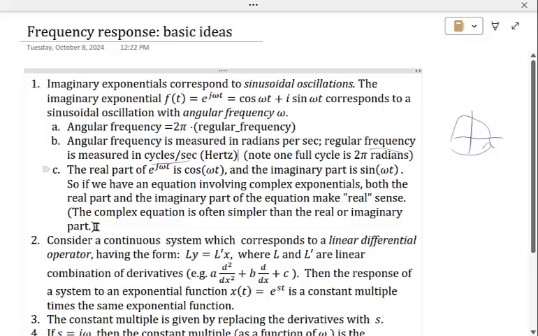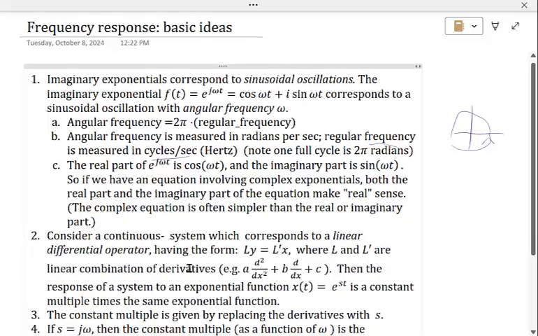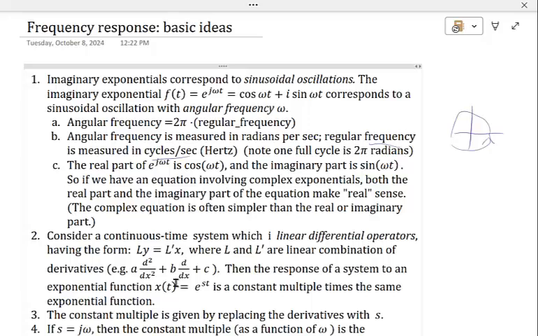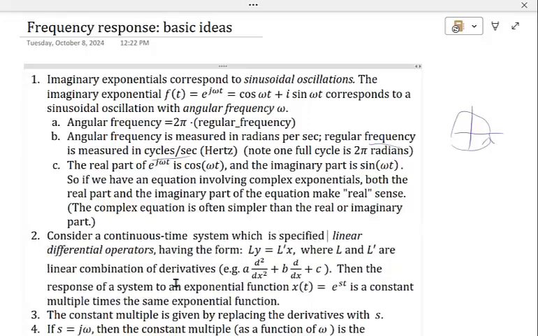And at the end of the day, when you want a real signal, you simply take the real part of your complex signal. Right? Now, consider a continuous time system, which corresponds to linear differential operators, because I have more than one. It is specified in terms of an equation of the form Ly equals L prime x.